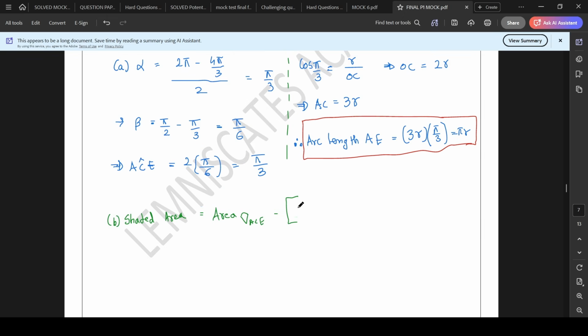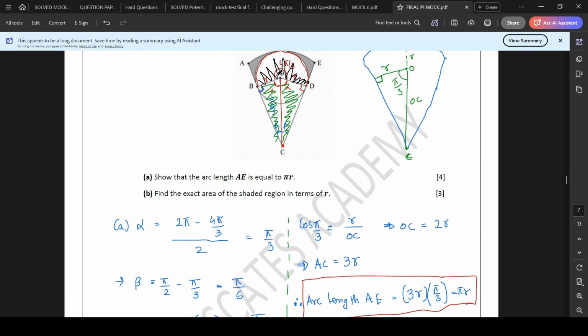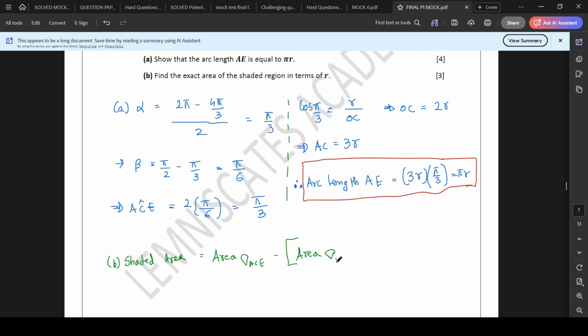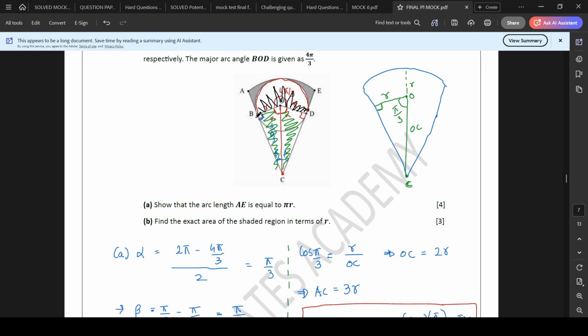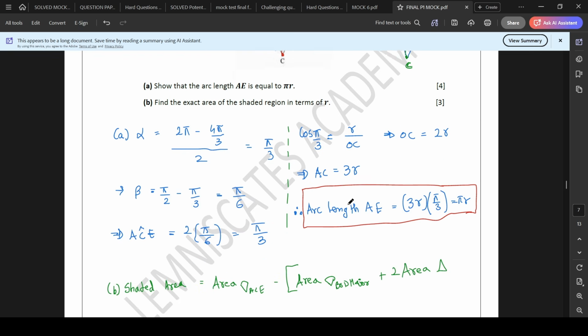So area of the arc BOD major plus 2 times area of triangle. What is the triangle? You can take any triangle. Okay, I'm going to take BCO. You could have also taken CDO. It's up to you. So I'll take BCO over here.